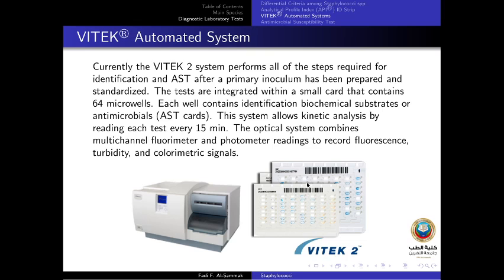Good. Now there is another system which is called the VITEK system. This performs all the steps required for identification as well as for antimicrobial susceptibility test, but after the primary inoculum has been prepared and standardized. Why? Because standardization is very important here. After isolation, we would like to know the turbidity.